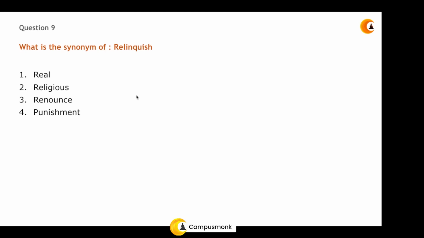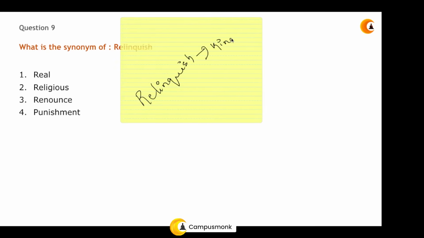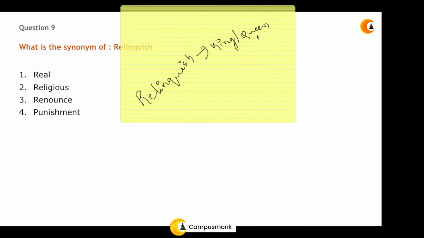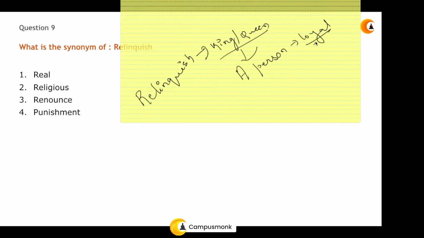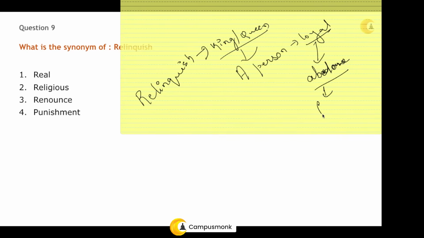Alright, so your time is up. Now see the word relinquish. This was actually started by all the kings or queens who had kingdoms. When they found a person who wasn't loyal to their kingdom, they used to abandon them. They used to ask them to leave their kingdom and go somewhere else.